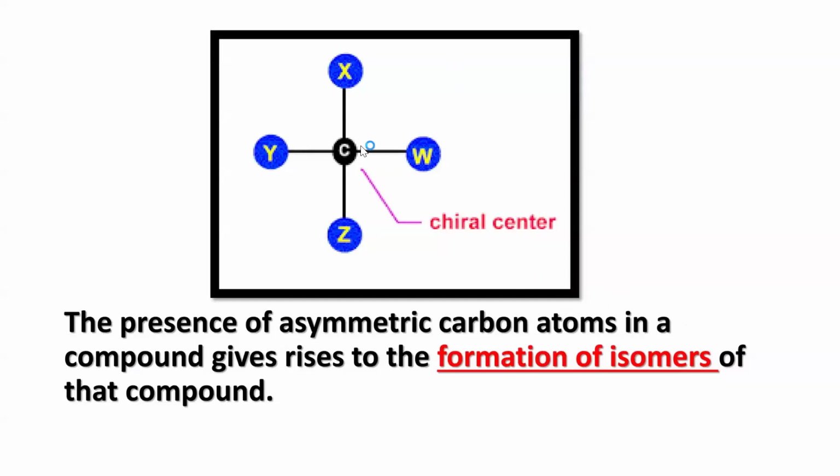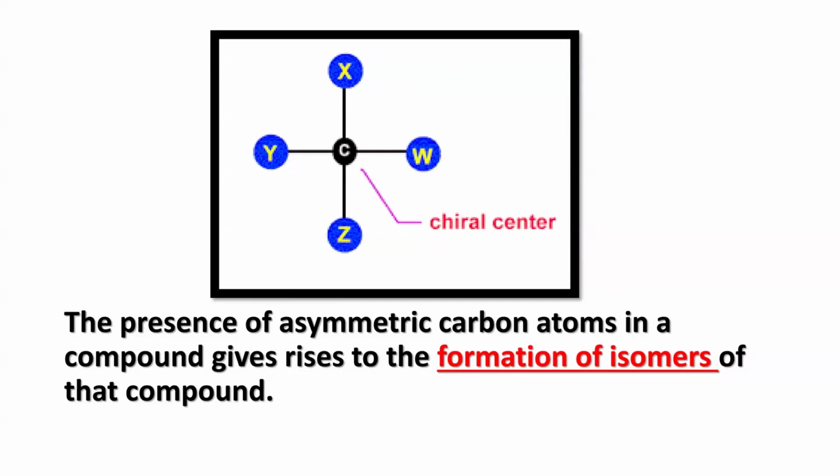So now back to the issue of the chiral carbon. Look at it. This is the carbon, and you see that we have X, Y, W, Z. They are all different. That is why it is called a chiral center: a carbon attached to 4 different groups.